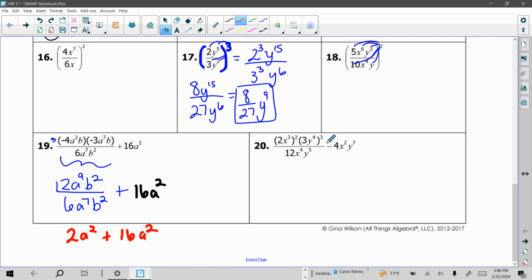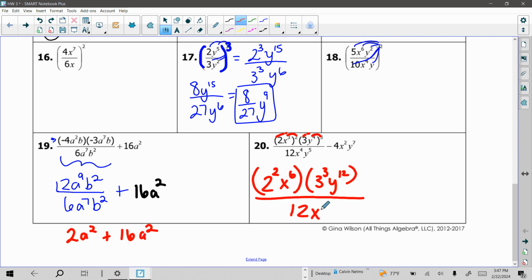All right, and now for 20, make sure you do your power rule first. So actually, this should be 2 squared, x to the 6, okay? And that's going to get multiplied to 3 to the 3rd, y to the 12. So simplify your coefficients, multiply, that still stays over 12x, y to the 5th.